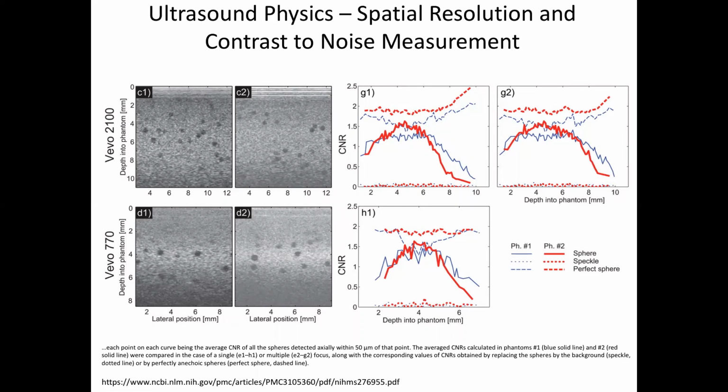You try and make all these controlled measurements, and you can see the signal to noise or the contrast to noise between these spheres, the reflective spheres. I guess they look like air spheres. I don't know what they're made of.